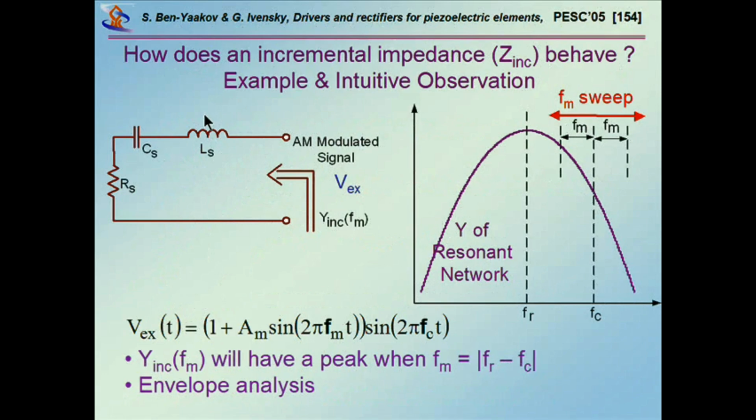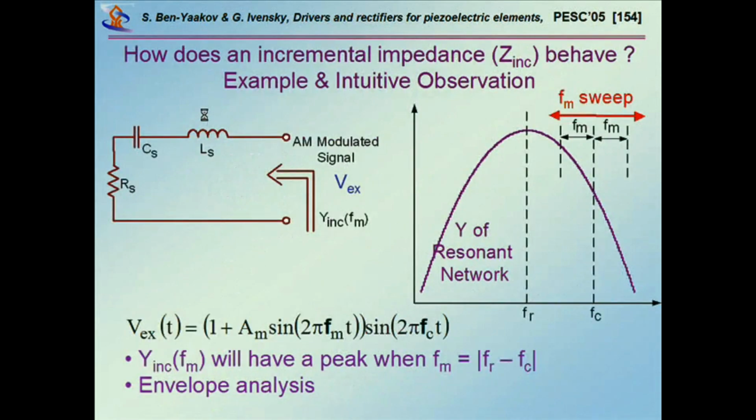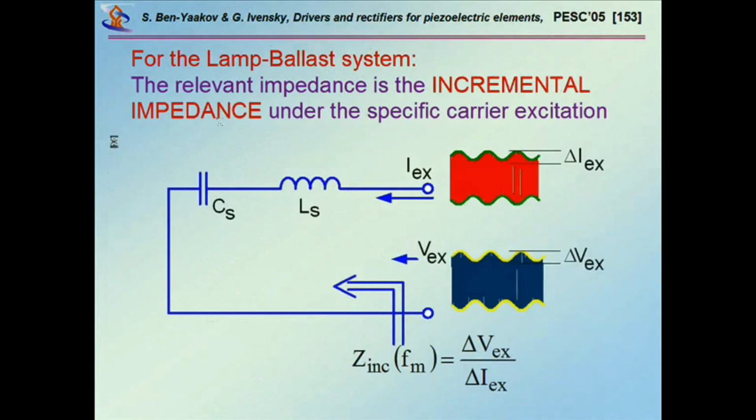A way to handle it is to use what we call envelope simulation. Now, what is envelope simulation? This is a technique in which, rather than looking at the full waveform, you just look at this envelope.